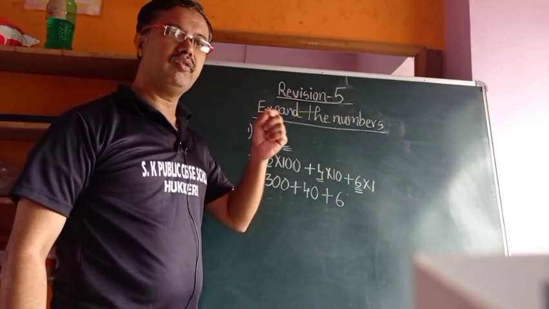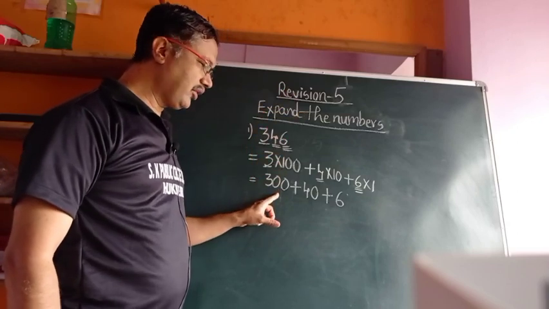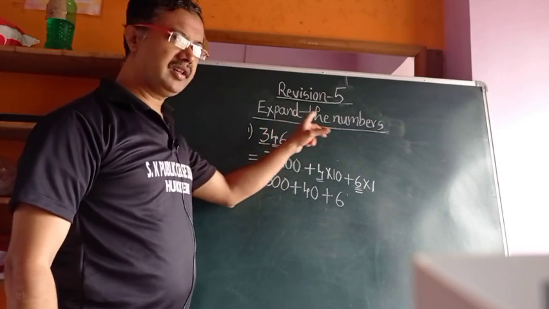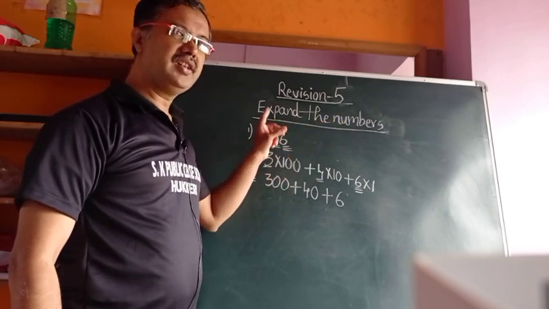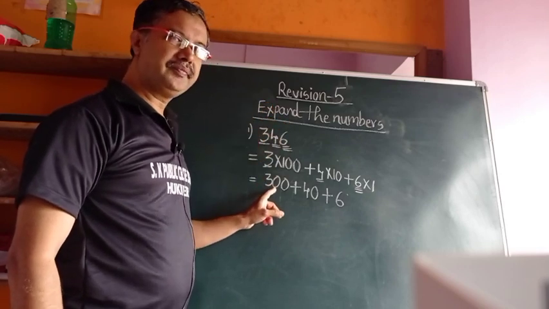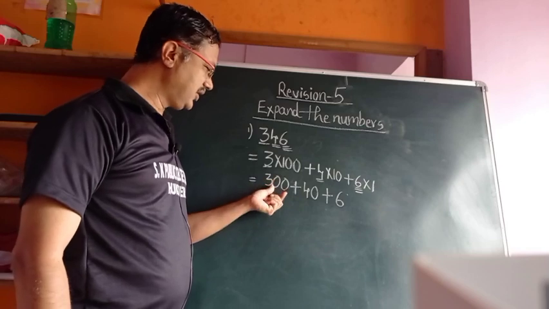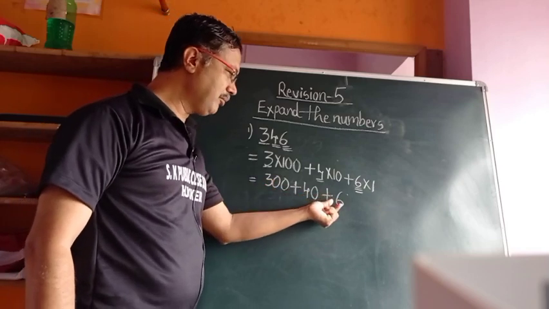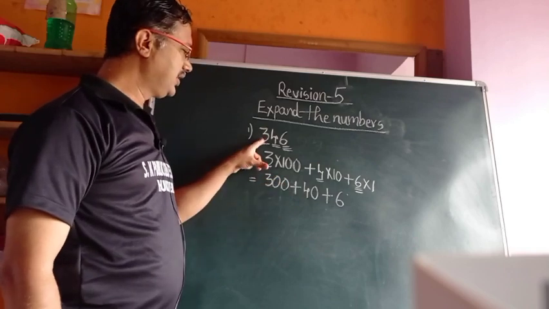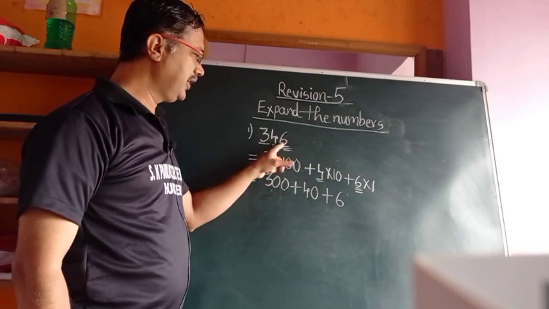You have to write in numbers. When the question "expand the numbers" is asked, you have to write like this in numbers: 300 plus 40 plus 6. 346.